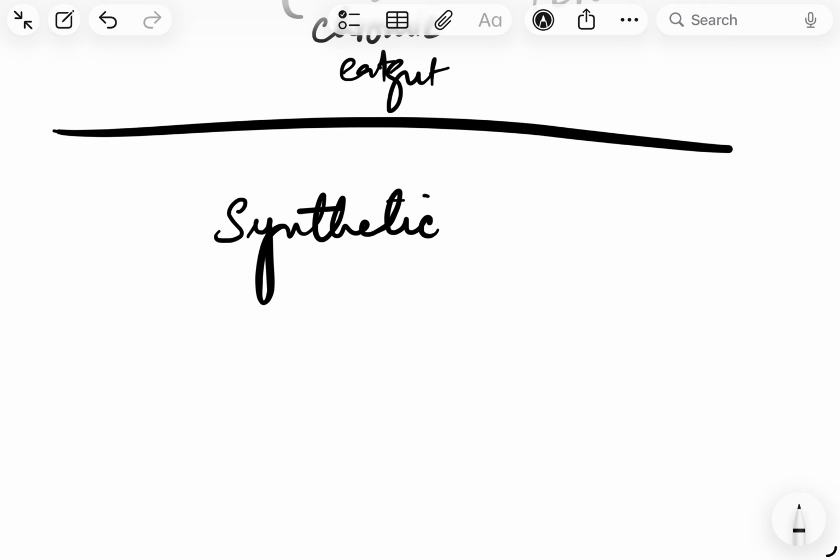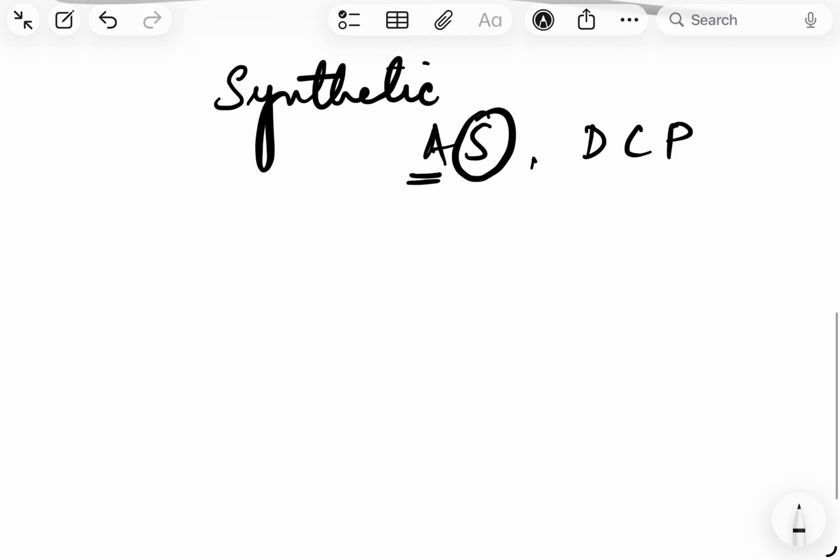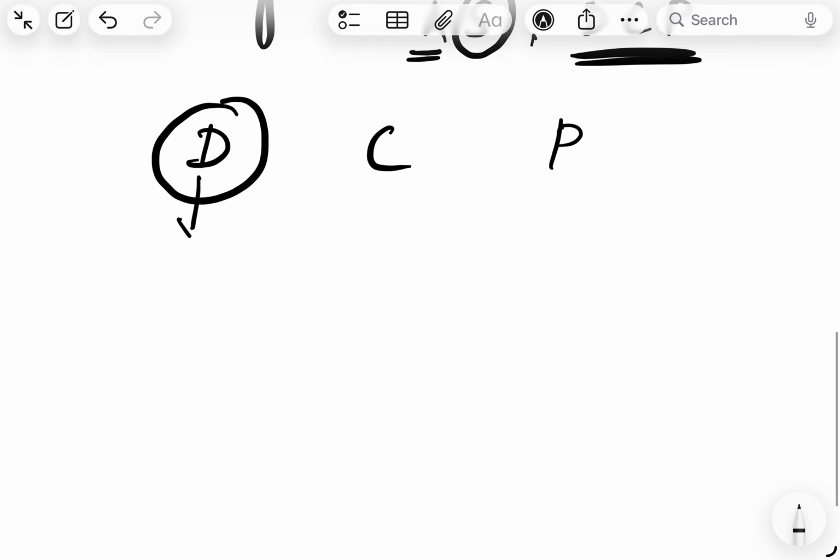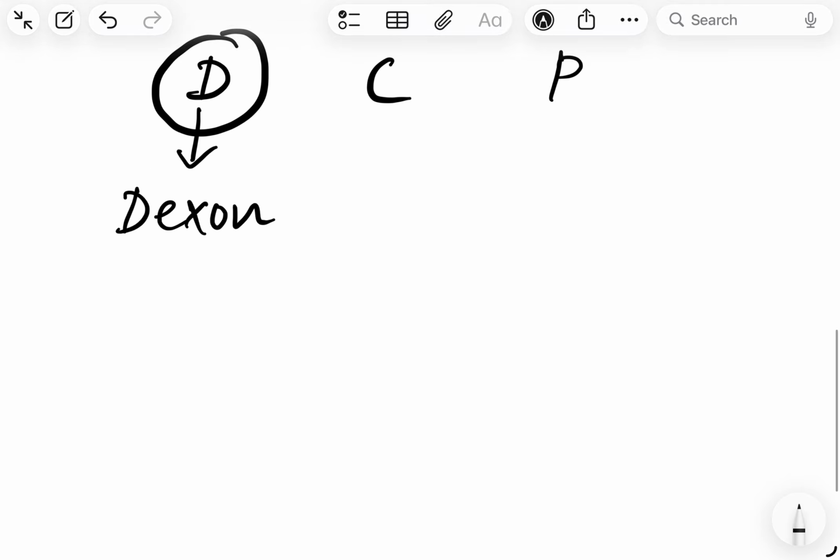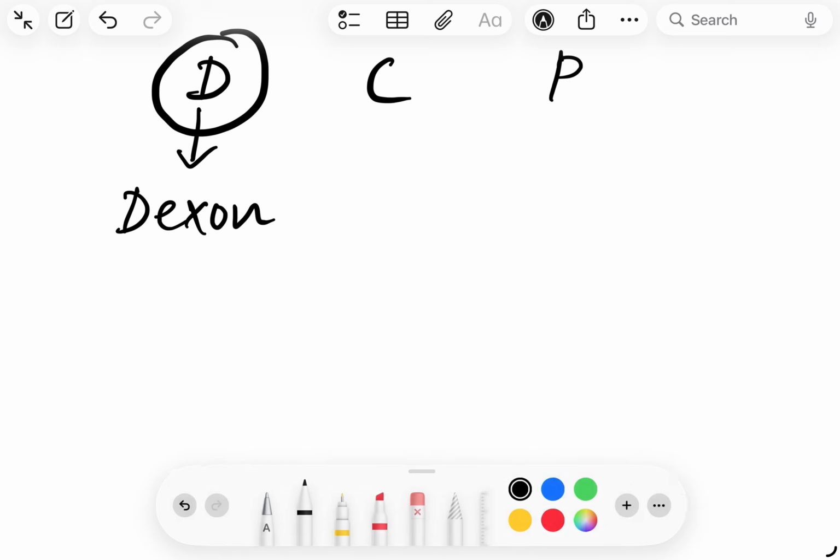The mnemonic was assistant surgeon and DCP, right? So this is absorbable synthetic. What is D? D is Dexon. Dexon, you can see that there is a wrong symbol. So it has a high rate of infections.